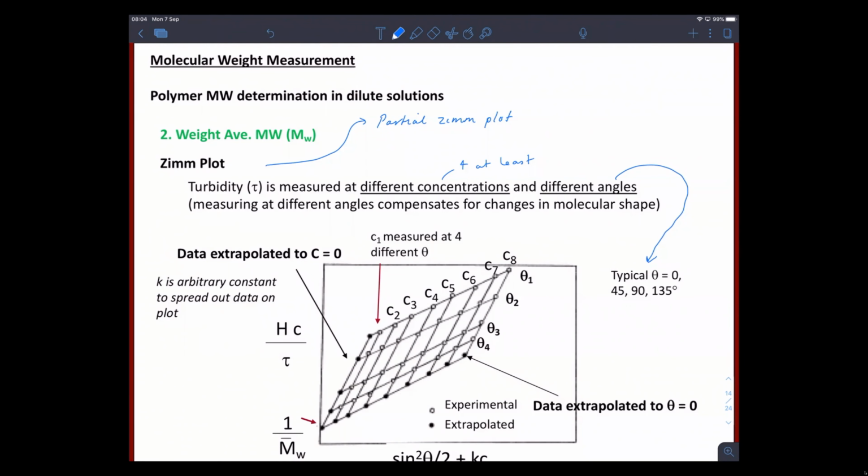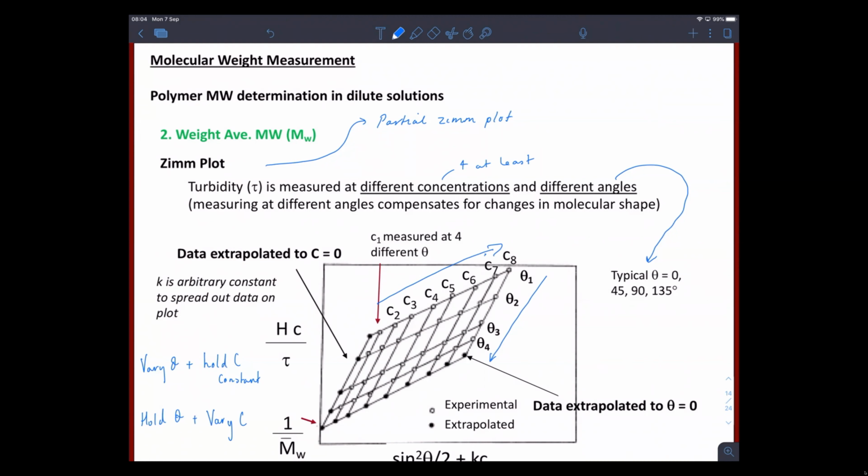Now, the way they do the measurement is fairly simple. What they'll do first is vary the angle and hold the concentration constant. So by varying the angle and holding the concentration, they build up this network down here. Then they hold the angle and vary the concentration, so they start to get these ones across here.